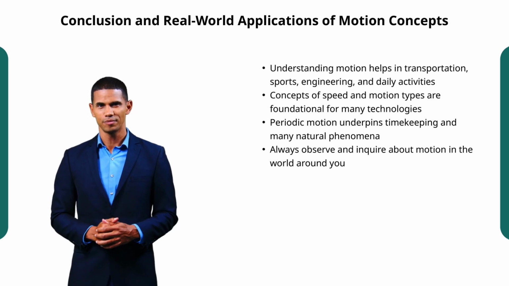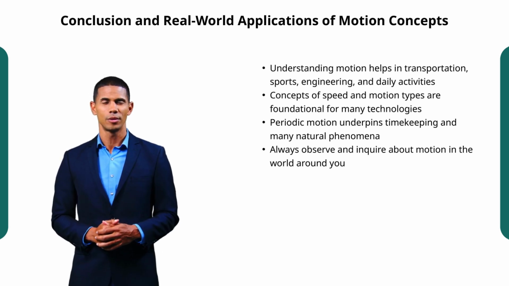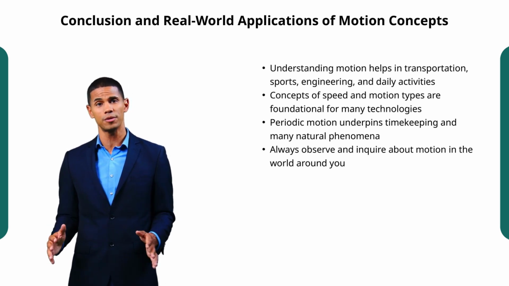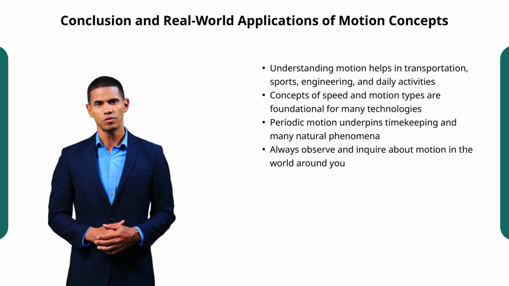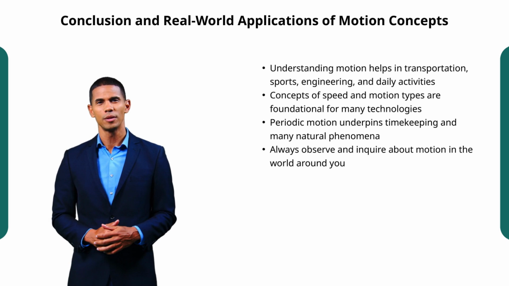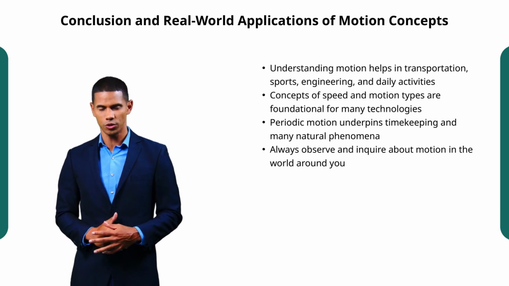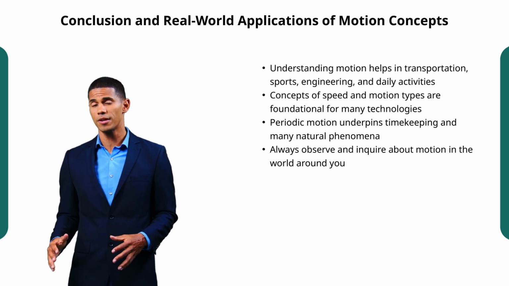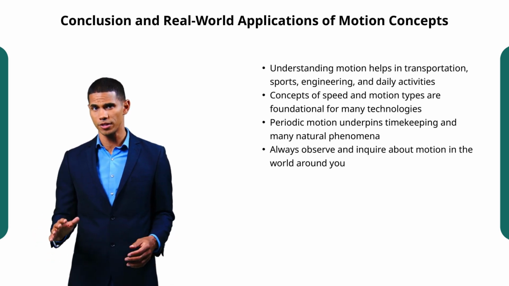As we end today's fascinating journey into motion, remember that motion is everywhere. From the way your bicycle moves to how nature cycles through seasons. Knowing different types of motion, linear, circular, periodic, and how fast things move helps us travel safely and efficiently, improves our sports performances, and is crucial in engineering better machines.